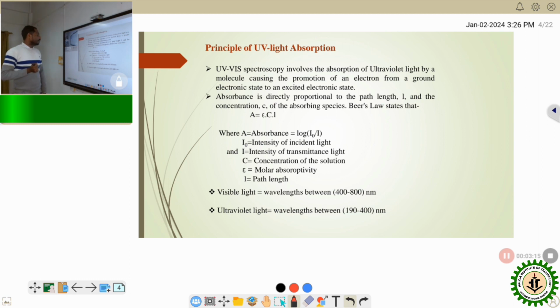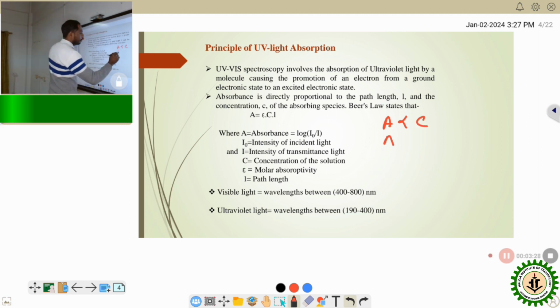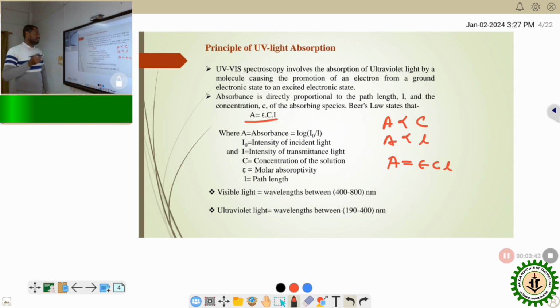According to Lambert-Beer's law, absorbance A is proportional to the concentration of the solution, and it is also proportional to the path length, that is L. So absorbance A is equal to epsilon C L. Epsilon is the molar absorptivity, C is the concentration of the solution, and L is the path length.